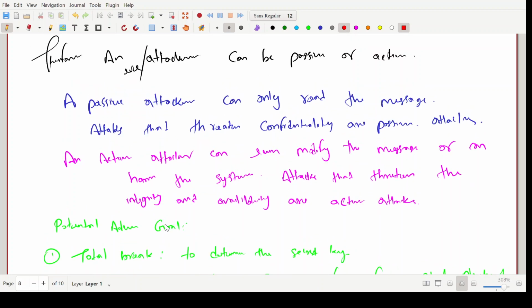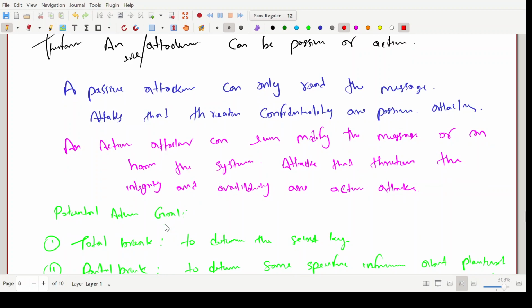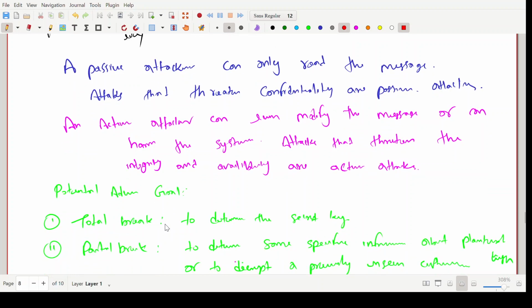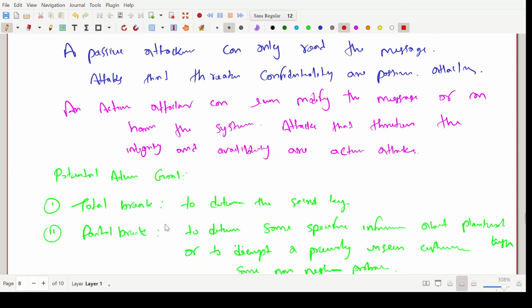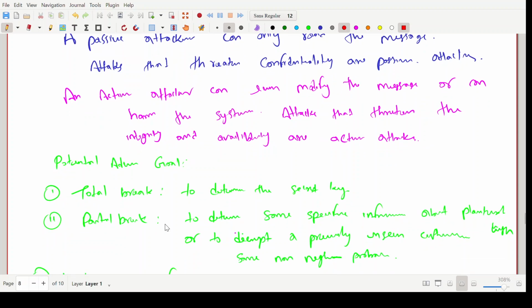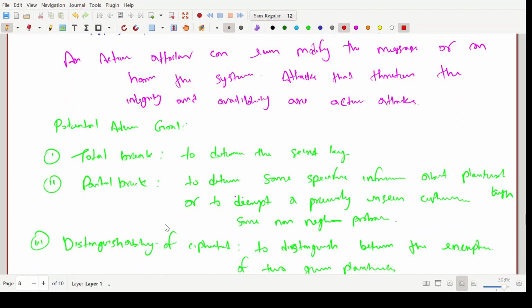A passive attacker can only read the message. Attacks that threaten confidentiality are passive attacks. An active attacker can even modify the message or harm the system. Attacks that threaten integrity and availability are active attacks.